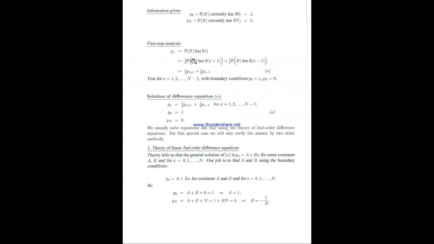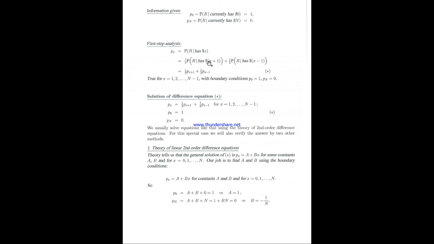So we can consider the two first steps: we can go to state X plus 1 with 0.5 probability, or we can go to state X minus 1 with 0.5 probability. Then again, when you are in state X plus 1, you have two first steps.